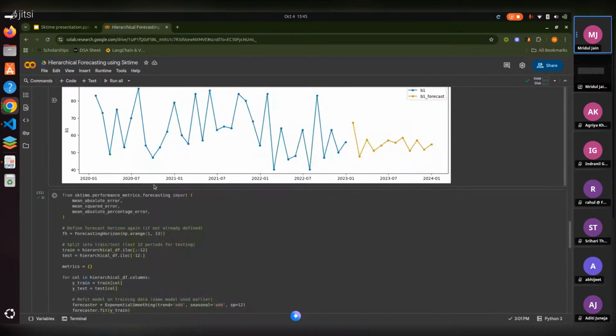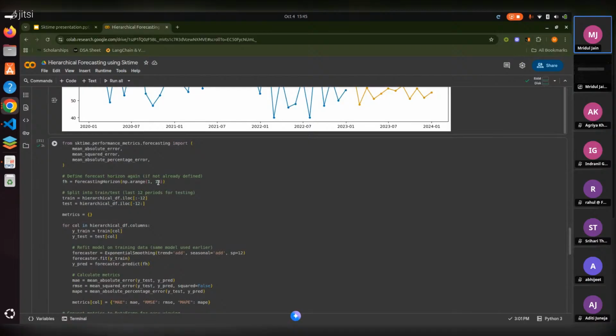And yeah, there are some metrics as well which I want to talk about. So this is basically another API under the sktime package, the performance metrics. And under that we are talking about forecasting. So basically we import the mean absolute error, the mean squared error, and the mean absolute percentage error.